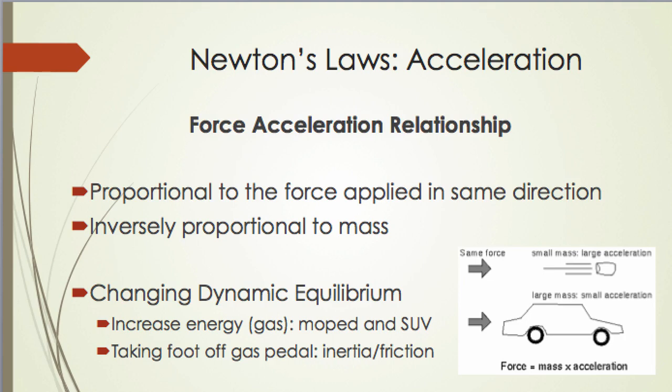We can also change our dynamic equilibrium by taking our foot off the gas pedal, and then we slow down due to inertia and friction. That's not really an acceleration relationship, it's a deceleration relationship. But do understand that it's proportional to force and inversely proportional to mass.